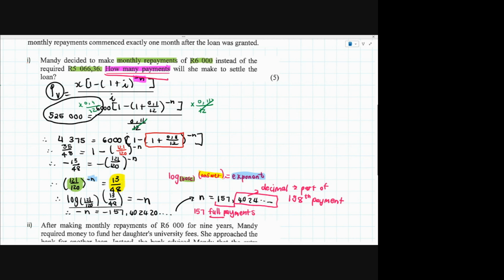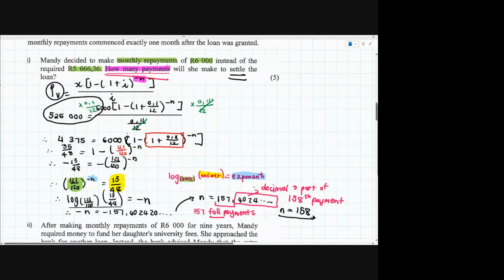And so, yes, even though you are only making a partial payment as your 158th payment, you are still making a payment. And so what we would need to do with this answer is round this up to 158 payments. 157 would be just too few. 158 will definitely ensure that our loan is settled.